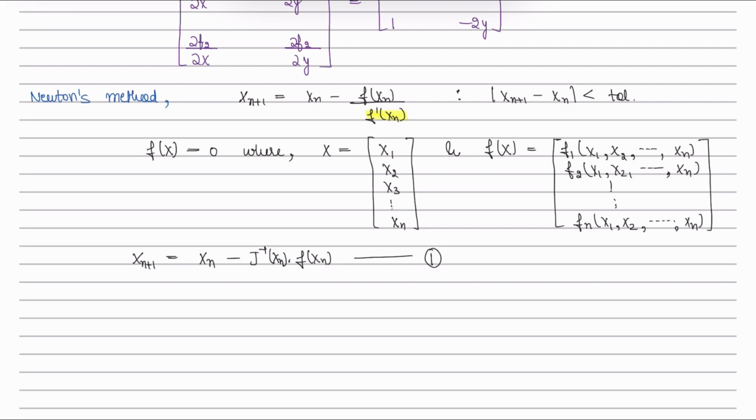We can manipulate this equation number 1 as xn plus 1 minus xn, which is equals to negative of inverse of Jacobian of xn into f of xn, and we can pre-multiply by Jacobian of xn.